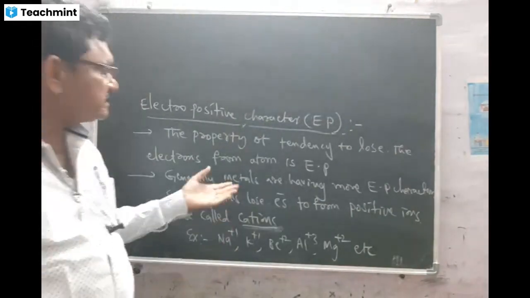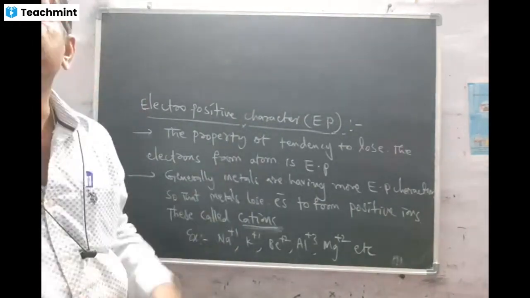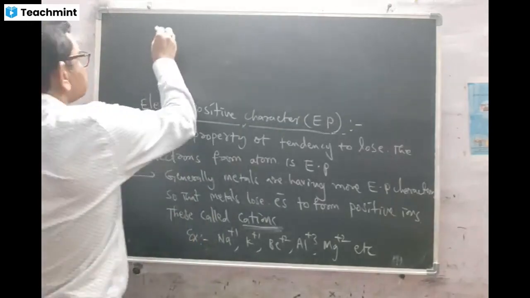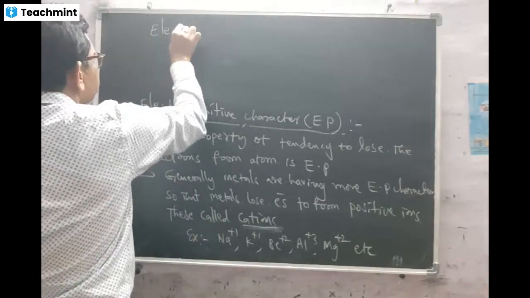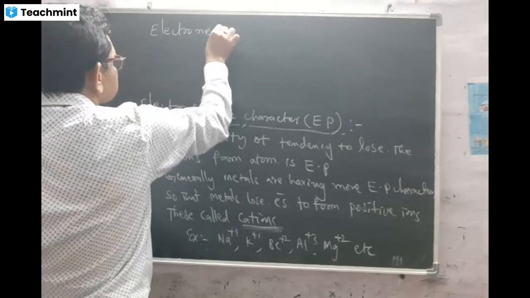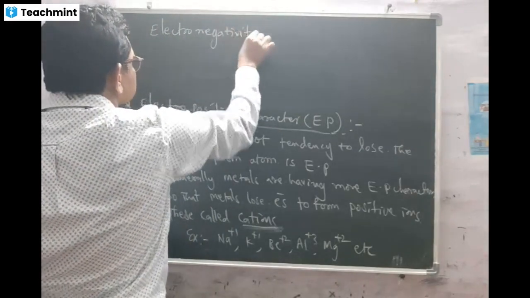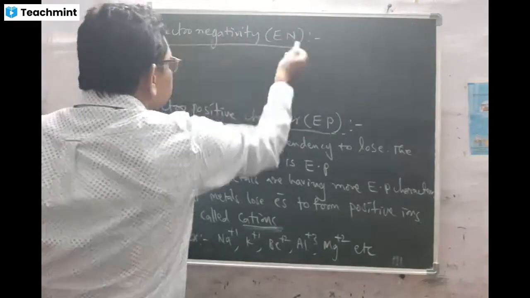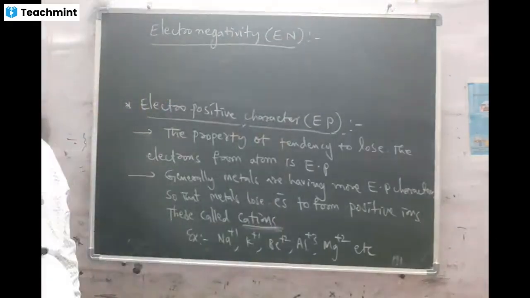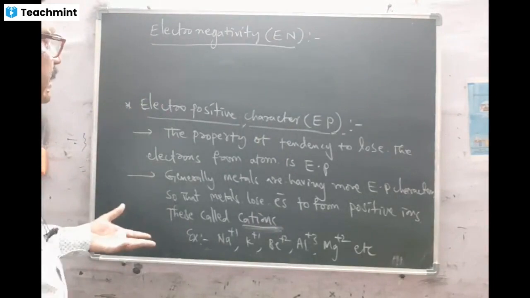Okay, after discussing electropositivity, the next property is electronegativity. You write down electronegativity. It is shortly represented as EL. What do you mean by electronegativity?